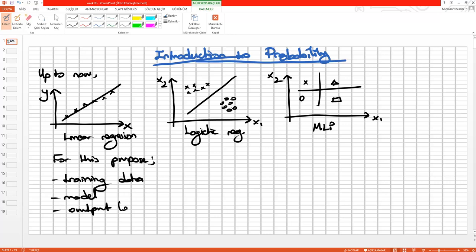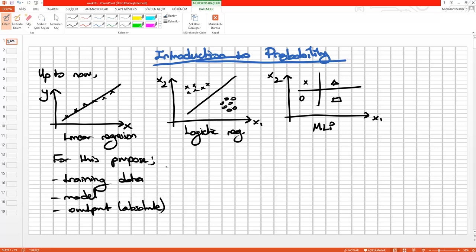But in some domains, the answer is absolute, exact. For example, for given data x1 and x2, we generate class 1 or class 2, not a probability of this rate. Either condition is true, but both cannot be.